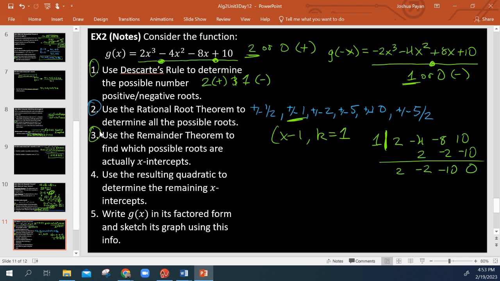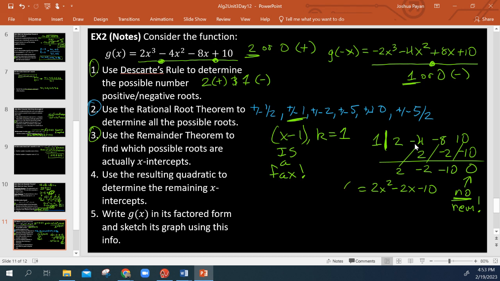Okay, so that means x minus 1 is in fact a factor because I have no remainder. So that means x minus 1 divides evenly into g of x. And that also means that it reduces it down to 2x squared minus 2x minus 10.